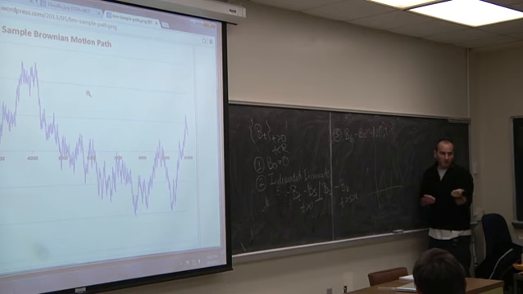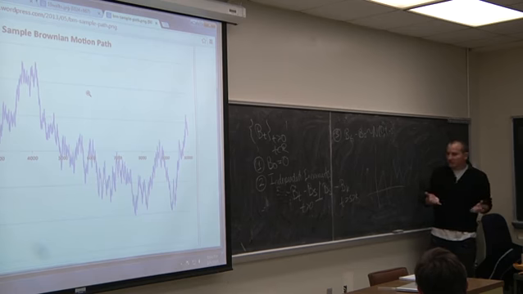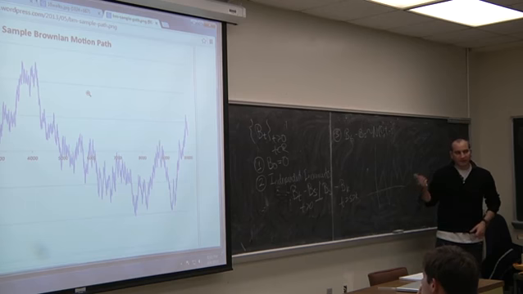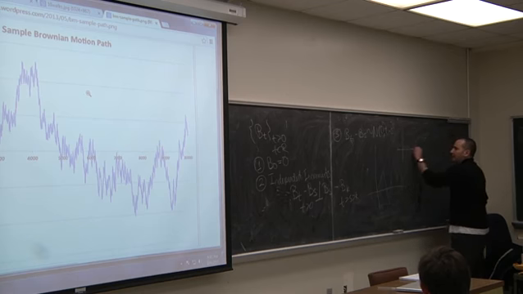If instead of jumping 1 and minus 1, I jump less and less at time increments, but still with equal probability, and somehow take the limit in a reasonable sense, I have the Brownian motion.